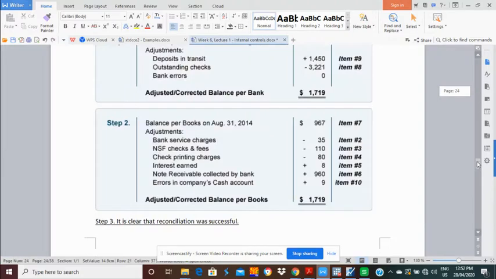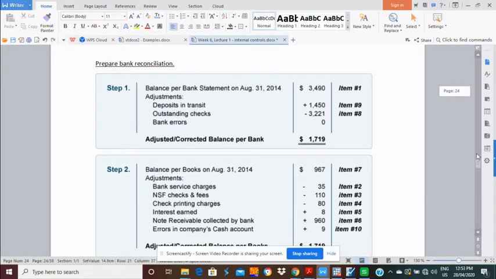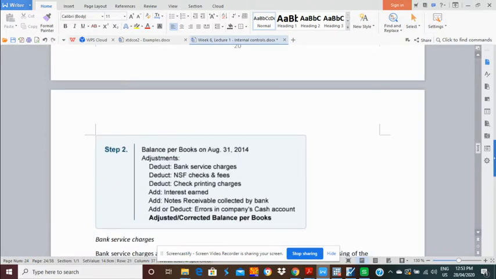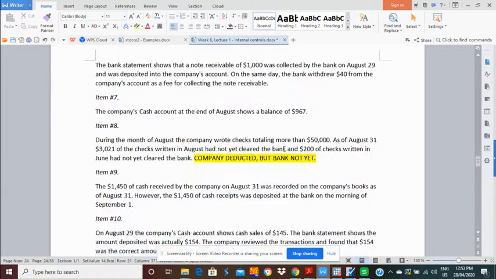Look at the example. Various information is given to you. The most important thing is the balance, and really there will be some items that are not indicated directly as deposit in transit. It's something like this.